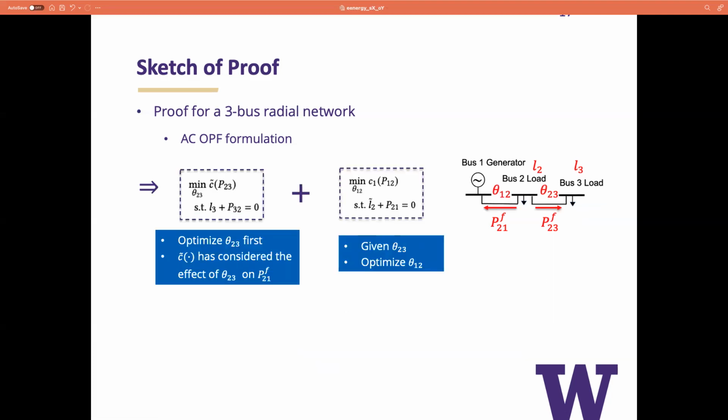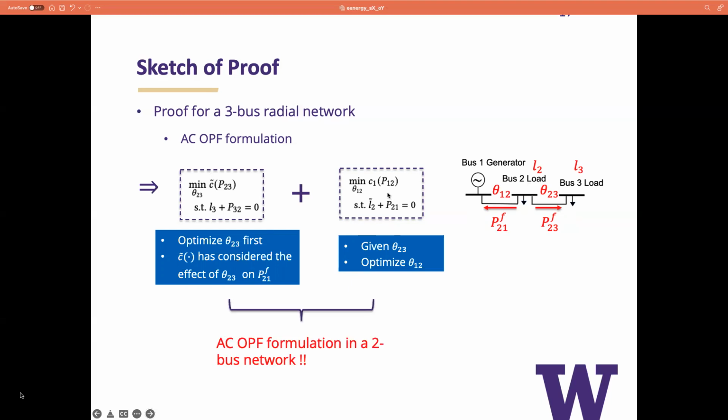Then we have 2 subproblems. In the first subproblem, we only optimize theta 2,3, and we redefine the cost function as C tilde to consider the effect of theta 2,3 on line 1,2. And in the second subproblem, given the value of theta 2,3, we optimize the angle difference between bus 1 and bus 2.